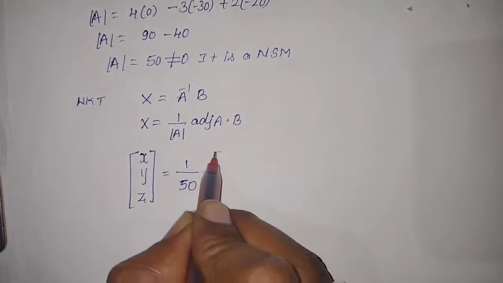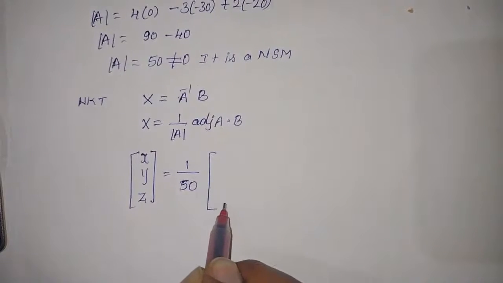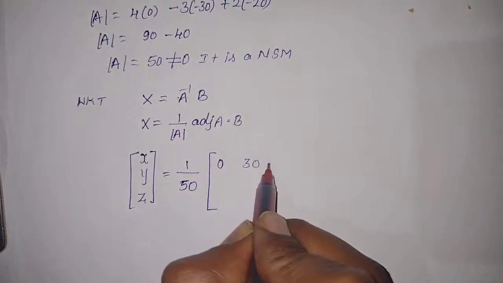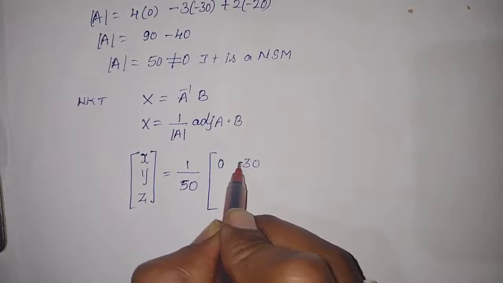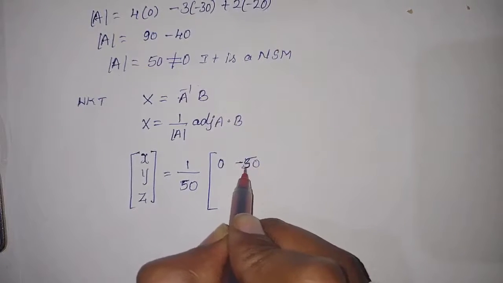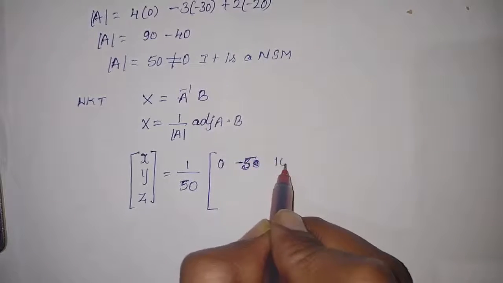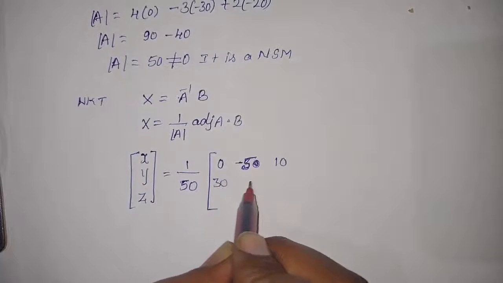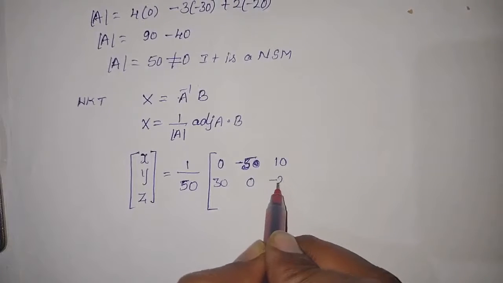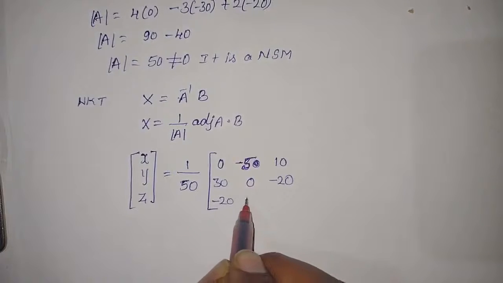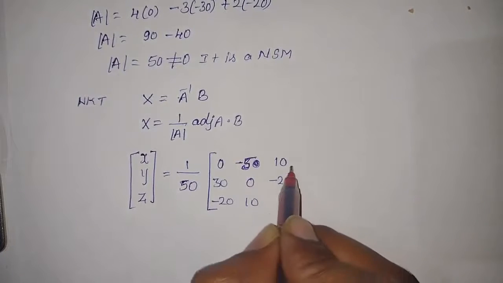Clear? Into adjoint of A, which we know is 0, 30, 0, minus 5, minus 5 and 10, 30, 0, minus 20, minus 20, 10, 10.